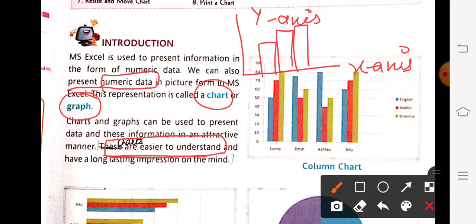This is my first advantage, because as we know, if something is written in the form of text, it will be quite difficult for us to remember it for a longer period of time. But if the same thing is represented using some pictures or some graphs, then it will be very easy for us to recall it, right? So these are easy to understand and have a long lasting impression on the mind. These are the advantages of chart.